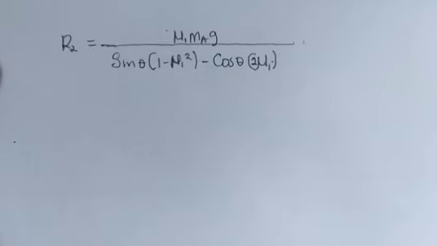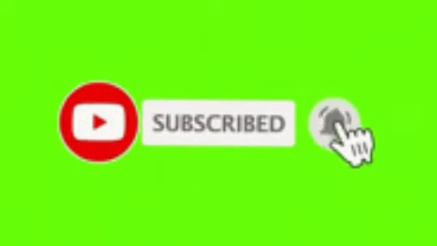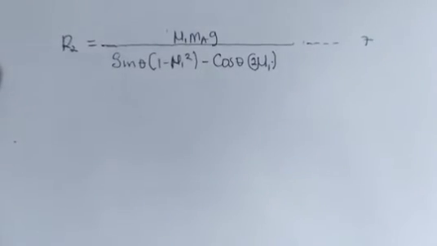So now I'll be sticking with this. Now I've gotten R2, so I'll call it equation 7. Now from this equation here, I'm having R2 in equation 7, and what we did earlier at the beginning, we still have R2 again.